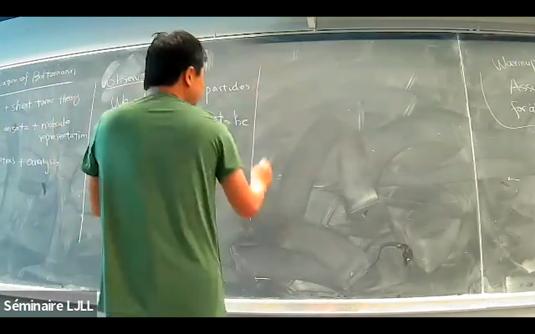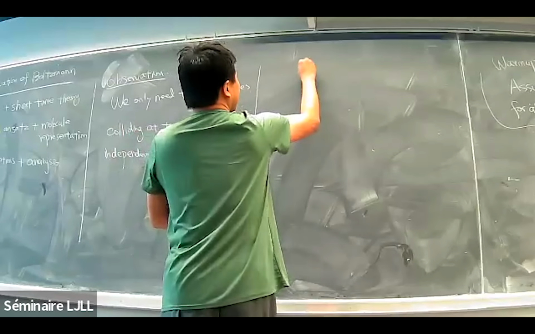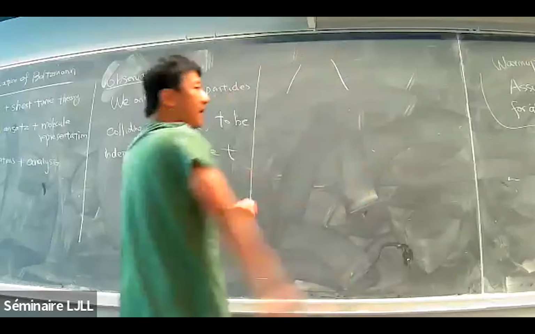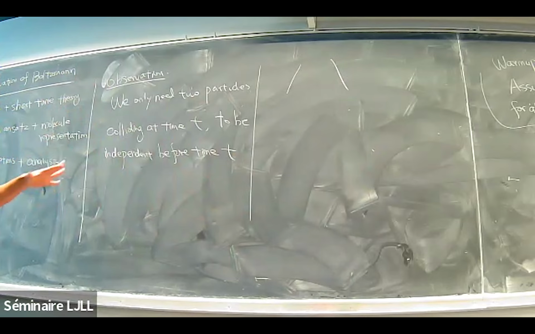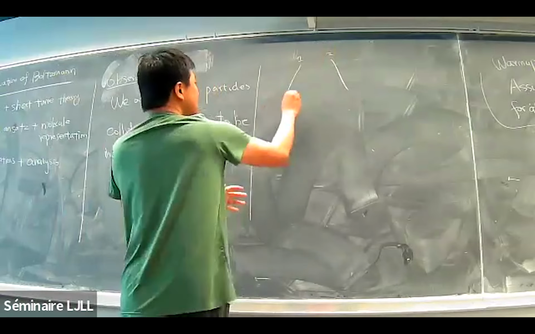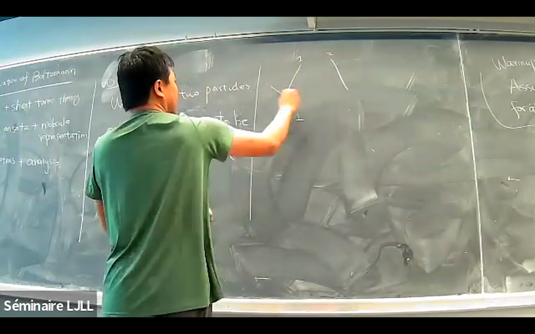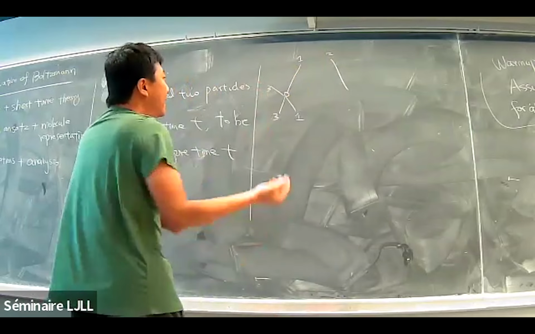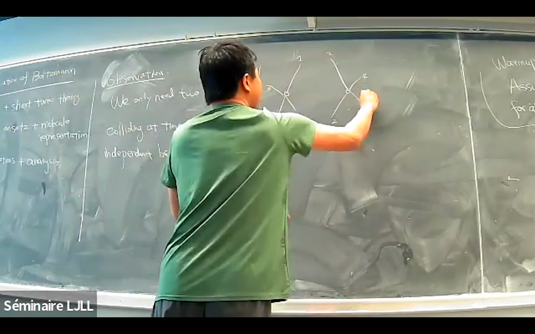Basically, if you think initially everything is independent, and now you have two particles, let's say there is a particle here and a particle there. If they have no collisions, then they are independent. But they may have collisions with other particles. Let's say this is number 1, this is number 2. Number 1 may have a collision with number 3, for example, and number 2 may have a collision with number 4.